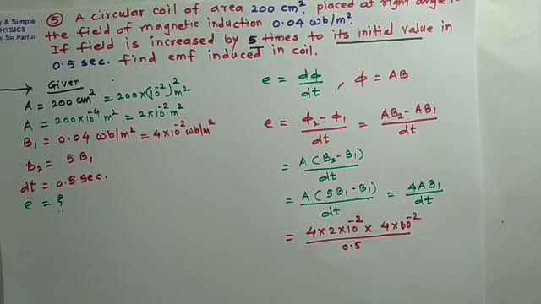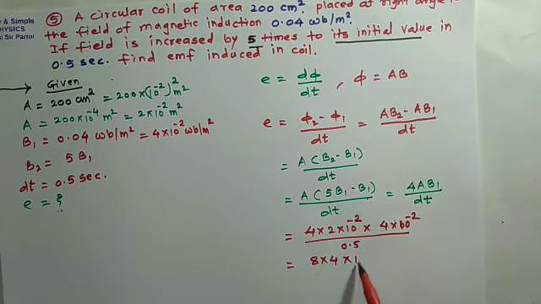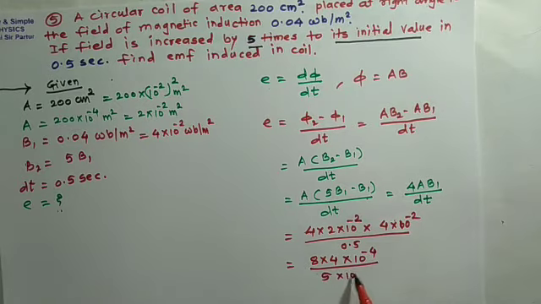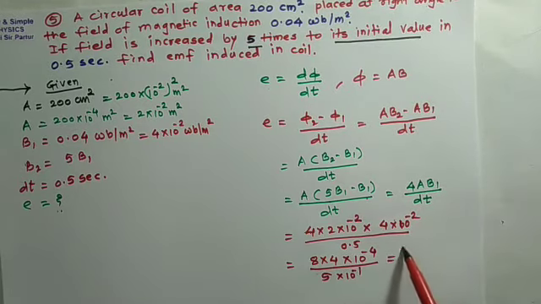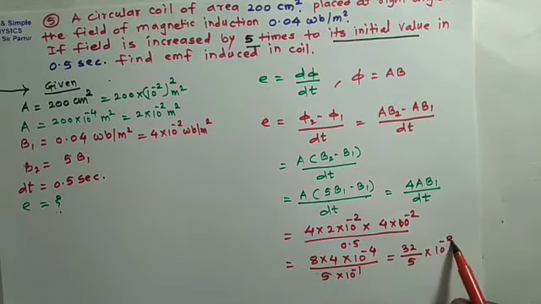Time is given as 0.5. So here we can write 4 into 2, 8. 8 multiplied by 4 into 10 to the power minus 4 upon 5 into 10 to the power minus 1. That is 32 upon 5 into 10 raised to minus 3, because minus 1 is shifted to the numerator, it becomes plus 1.